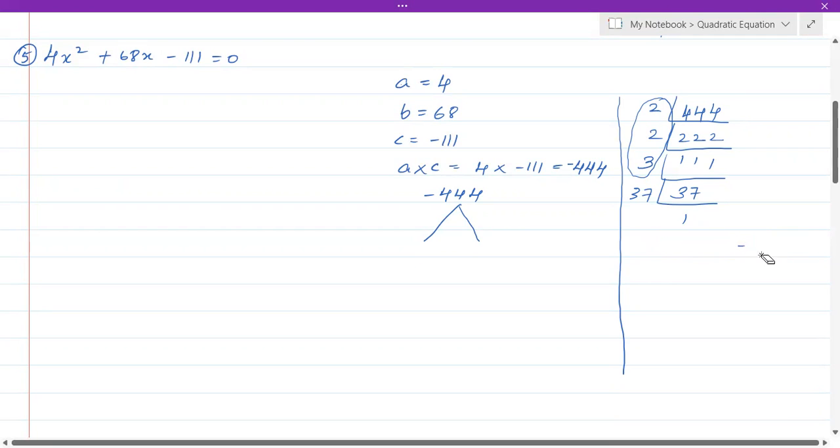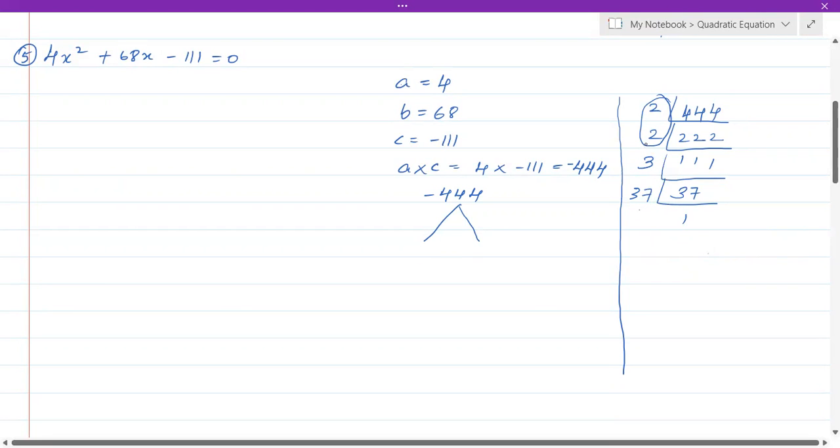No. So let's select another way. Let's take 37 and 3 as one group, and 2 and 2 as another group. 2 2s are 4, 37 3s are 111. If you multiply 4 into 111, you will get 444. But if you subtract, will you get 68? No. So this grouping is also not correct for the required answer.